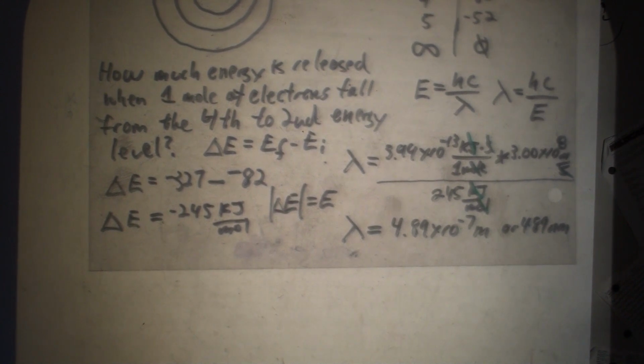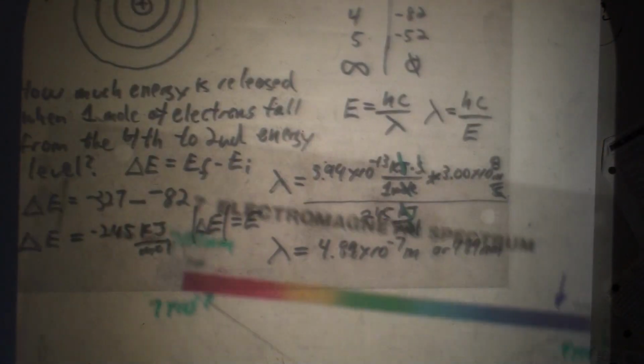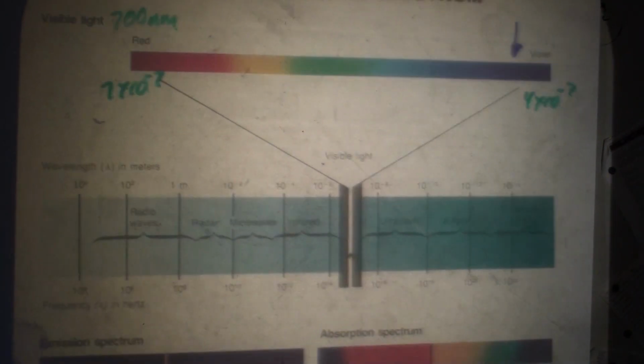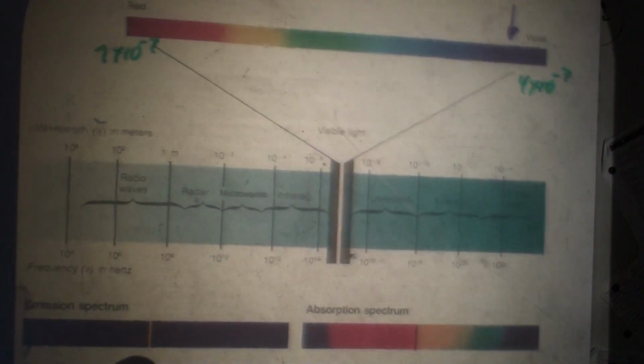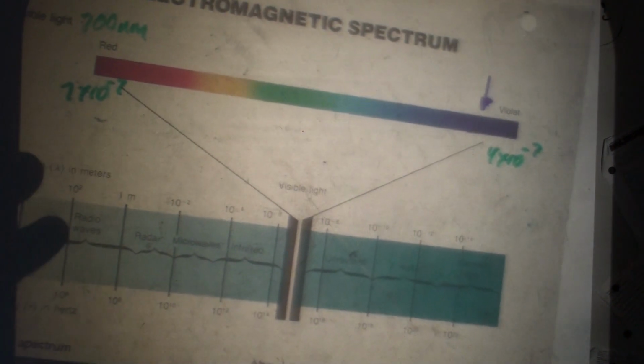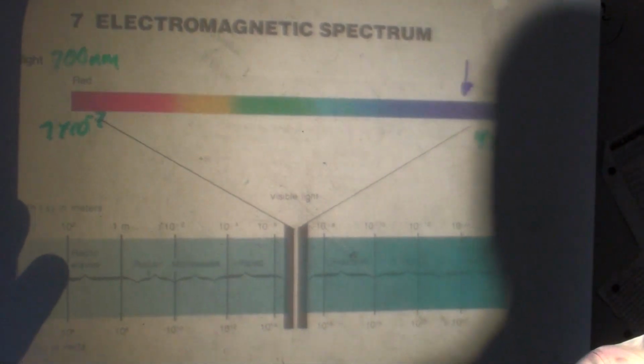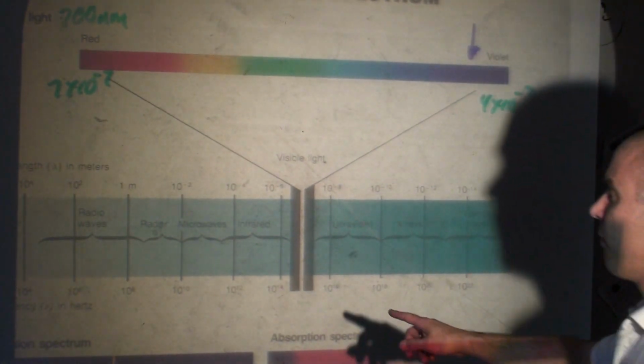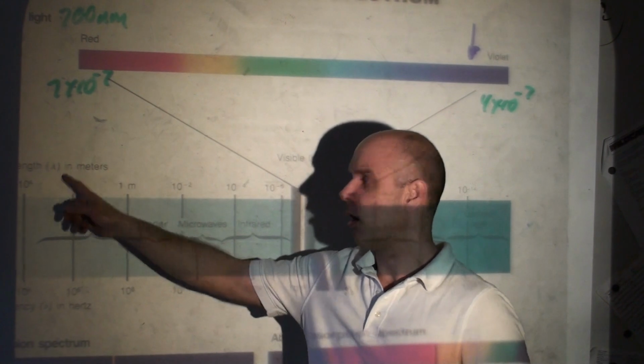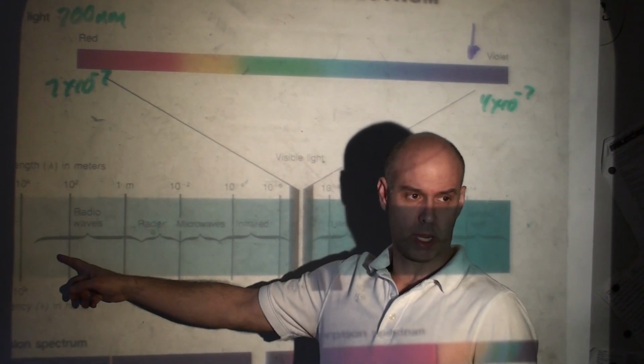And then on Appendix I, it will tell you the type of light being produced. So you're going to want to use your appendix. If your wavelength is 100 meters, you've got radio waves.